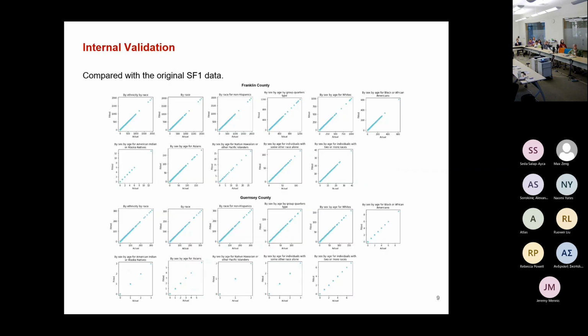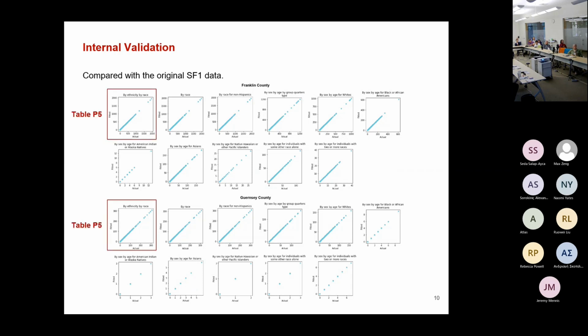We conducted a series of technical validations to examine the effectiveness of the proposed approach. So first, we compare our synthetic individual level data with the original data from the Census Bureau. And because we select 11 census tables for our modeling process, we have 11 subplots here to examine the relationship between the synthetic and the actual census tables.